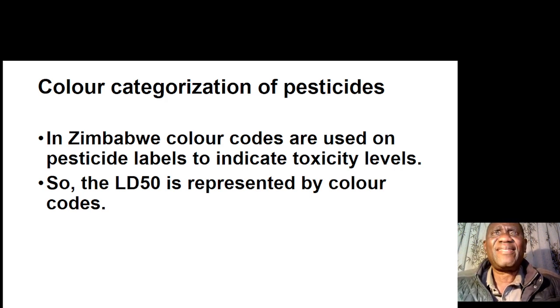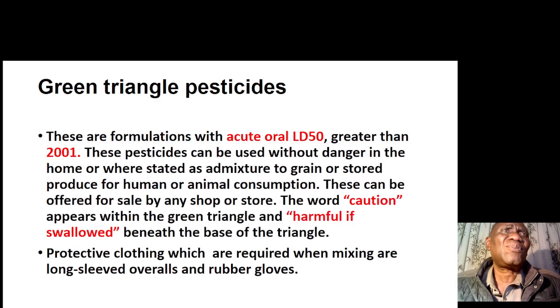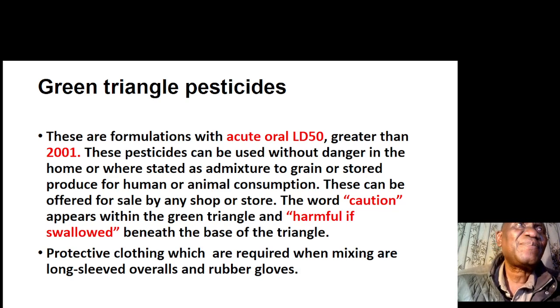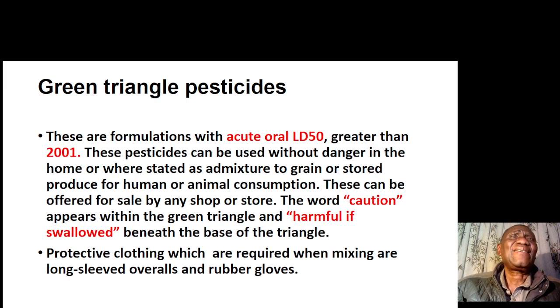Color codes make it easy to classify the product. I understand they are trying to review the use of these color codes so that they are at an international standard with other countries. I'm not sure how far they have done it. But up to now, we still have these color codes on our pesticide labels.